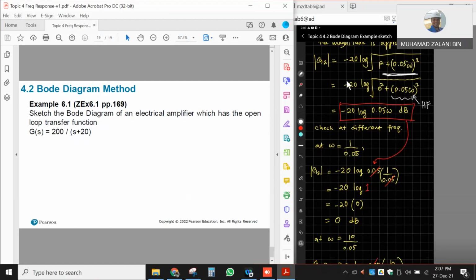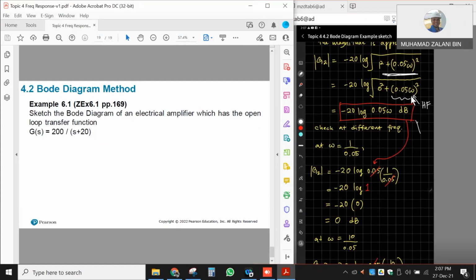Similarly, we can expect this equation becomes -20 log 0.05 omega. This is small enough so that it becomes 0. So this function will be dominated by 0.05 omega at high frequency range.